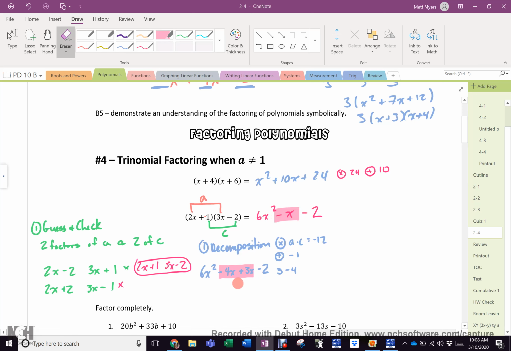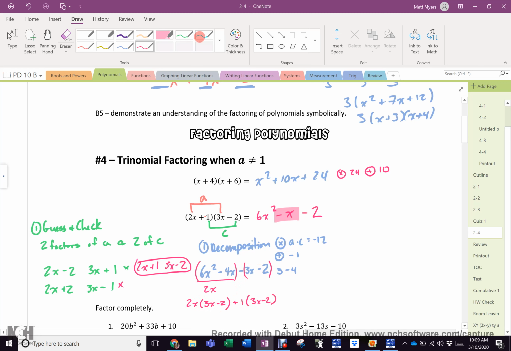All right. Now, just like in our warm-up today, we then put brackets. What is the GCF here? 2x, right? So now I have 2x, 3x minus 2, correct? What is the GCF here? 1. 3x minus 2.